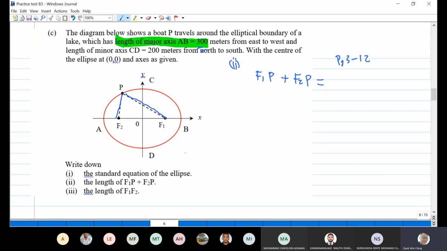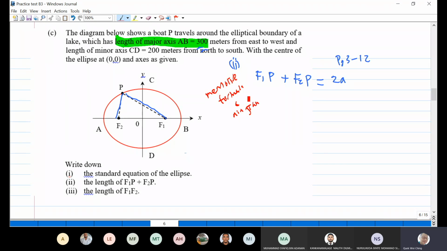And this is equal to 2a. So to do this, you have to memorize the formula and diagram.